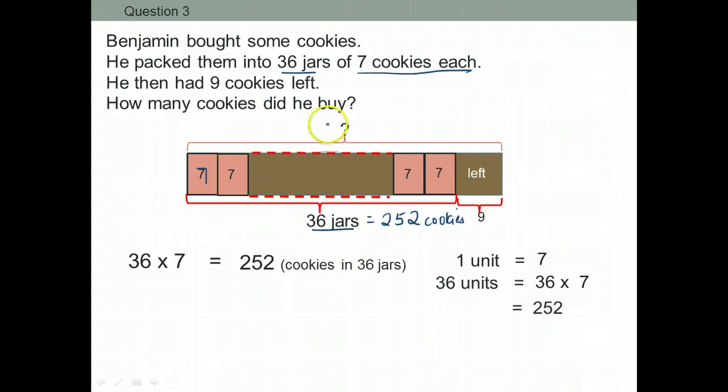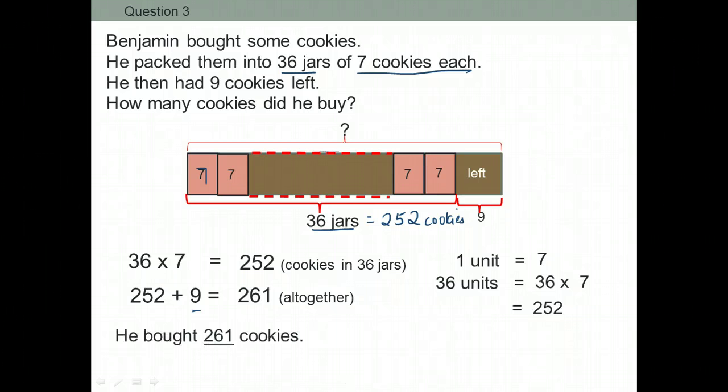I want to find how many did he buy. You take 252, you must add the 9 that he has left. So altogether, he bought 261 cookies. How do we check our answers? I know that altogether, I have 261.